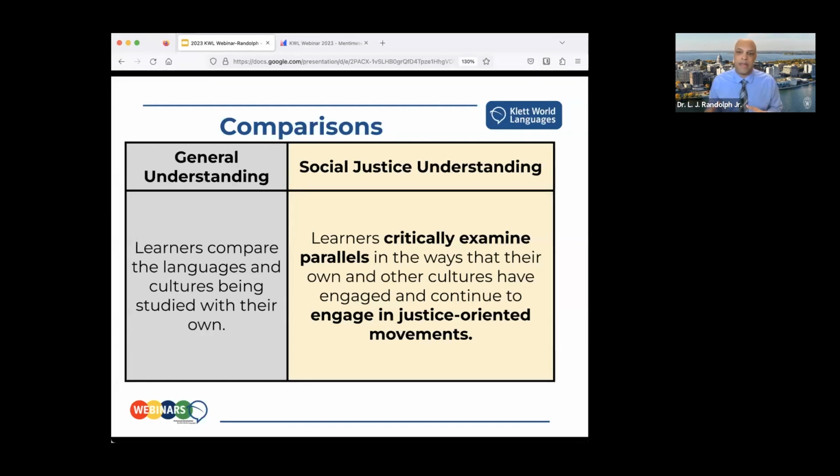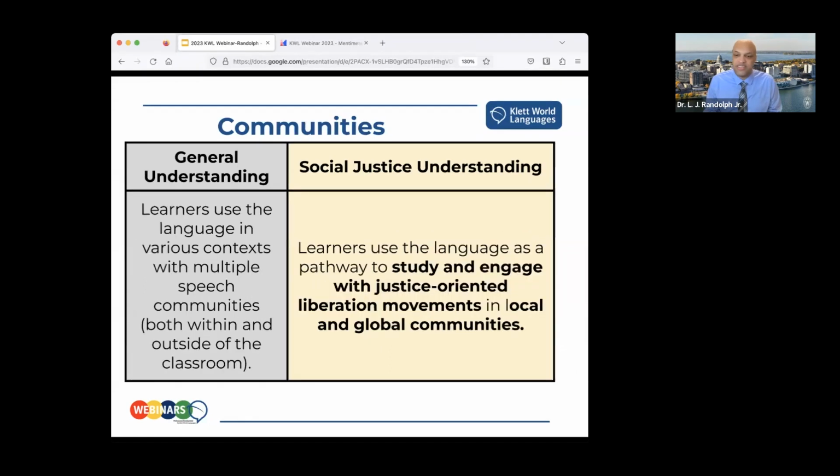I'm thinking about how we can critically examine parallels to ways that different cultures and communities engage in justice-oriented movements and initiatives. And when I think about communities, I'm looking at ways that we can study and engage with justice-oriented liberation movements. I'm very interested in ways that communities are engaged in their own liberation, both at the local and global level. And I'll show you some examples of what that looks like.